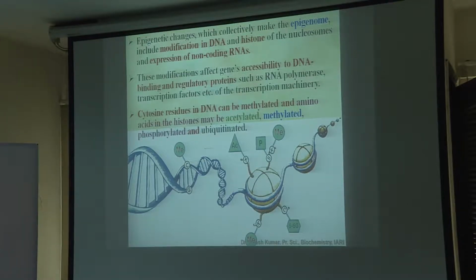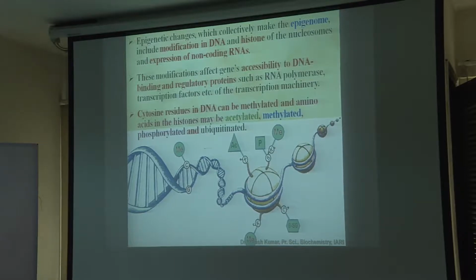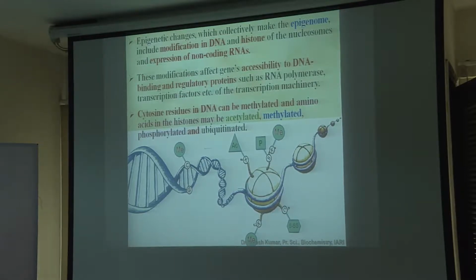Of course, the number of hydroxymethyl cytosines is very, very low, and the number of methyl cytosines is very, very high. Similarly, there are other modifications also, for example, 6-methyl adenine. That is also appearing, and all these modifications are very well known in animal systems.